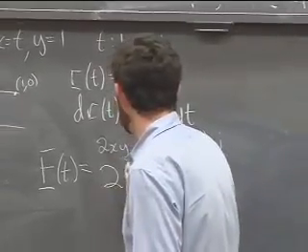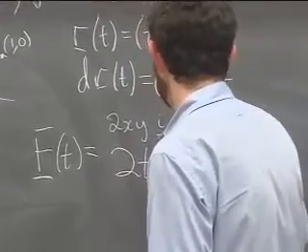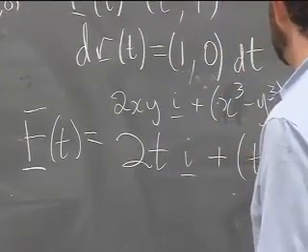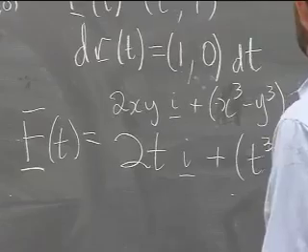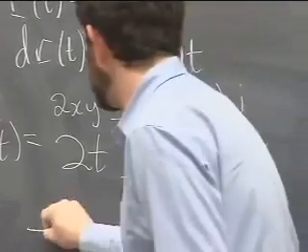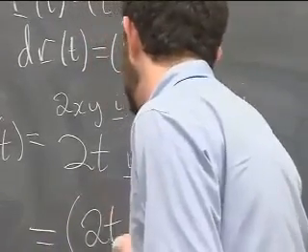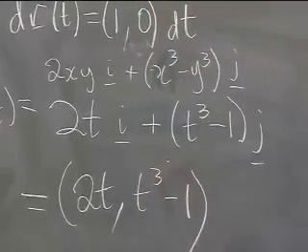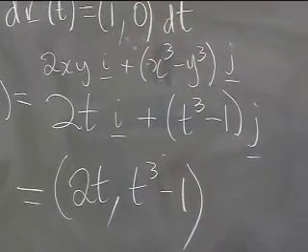So we'll get 2t i plus (t cubed minus 1) j. As a vector in coordinate notation, you get (2t, t cubed minus 1).